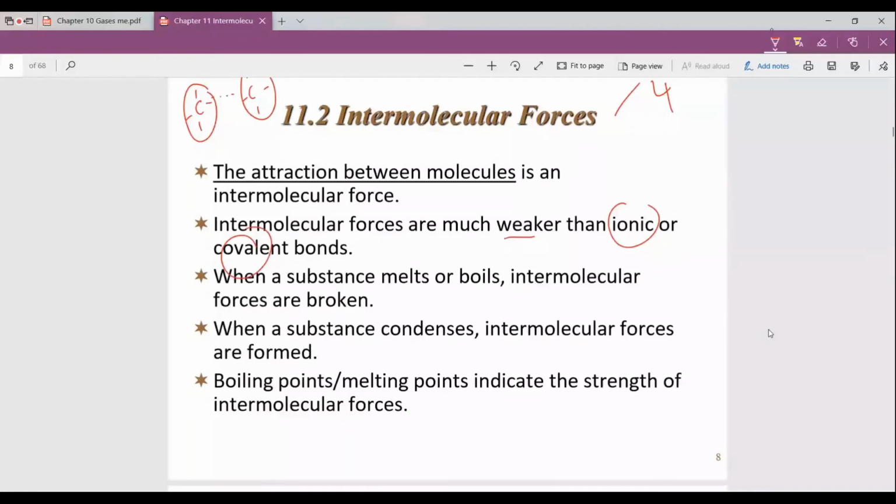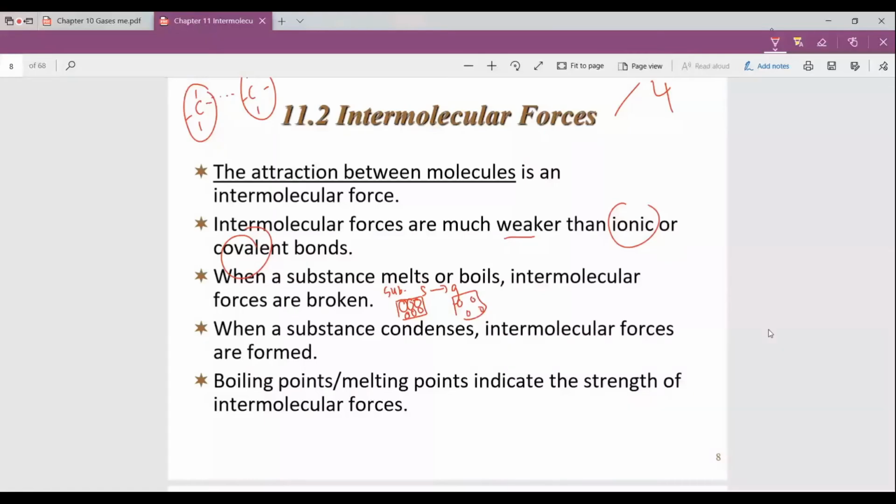Okay, so when a substance melts or boils, the intermolecular forces are broken. You can see the example of the sublimation process. Sublimation is from solid to gas. You know, the molecules of a solid are very close to each other, right? So when undergoing sublimation, it will absorb some heat to break the bond and form molecules far from each other, gas.